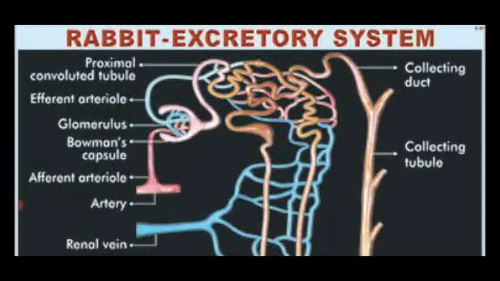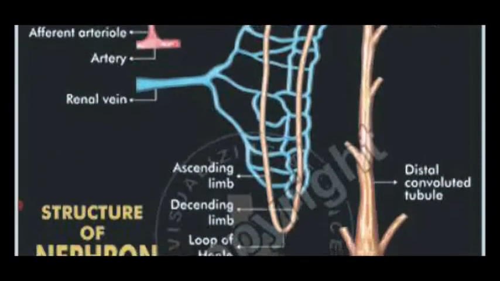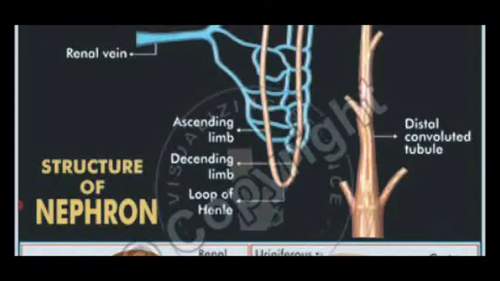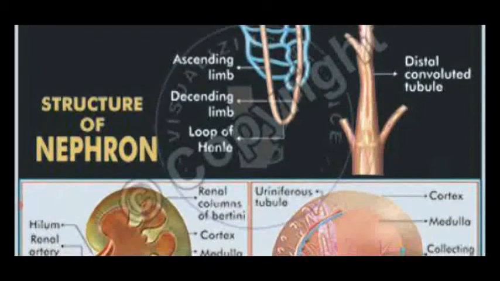From that Bowman's capsule, there are different tubules, that is collecting tubule, collecting duct, then ascending limb, descending loop, loop of Henle and distal convoluted tubule.